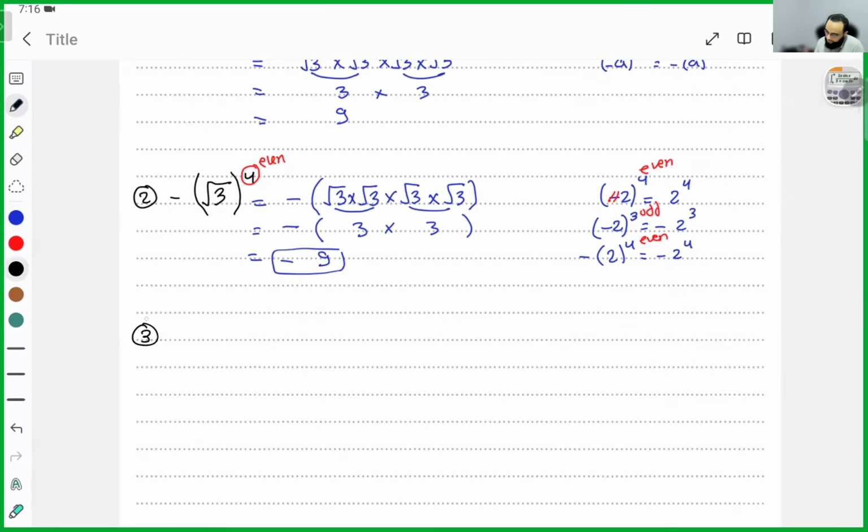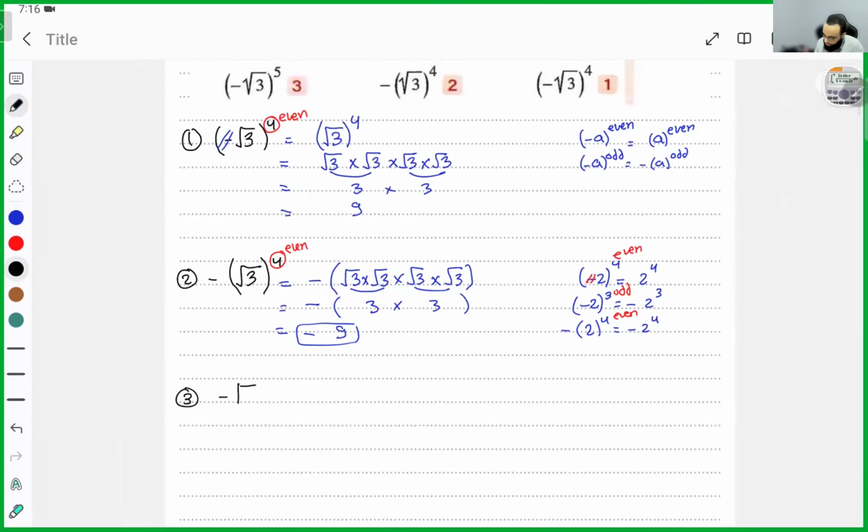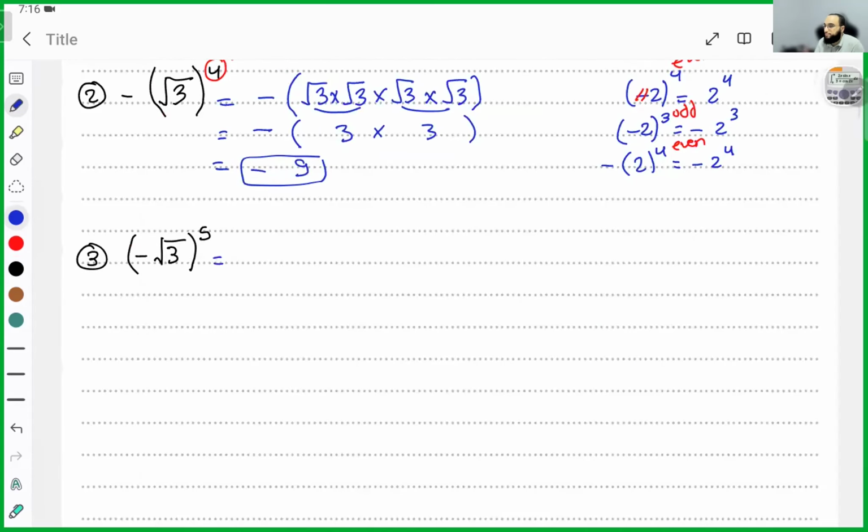It's negative root 3 power of 5. Firstly, can we delete the negative or not? Not. Why?